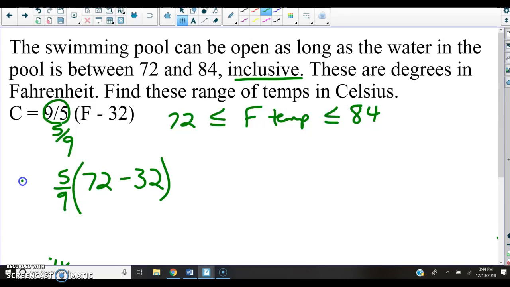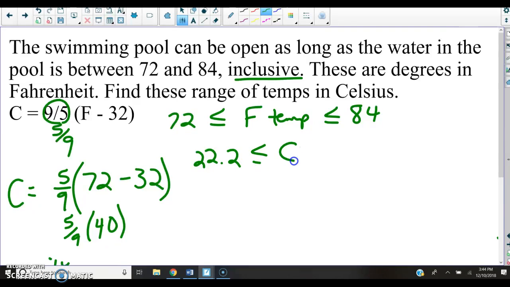That 32 is the freezing point. It's 0 in Celsius, but it's 32 in Fahrenheit. Okay, so 5/9 times 40. We got 22 point something. Yeah, 22.2. That'll be a Celsius temperature.